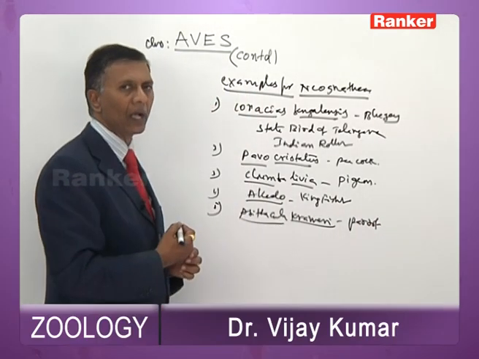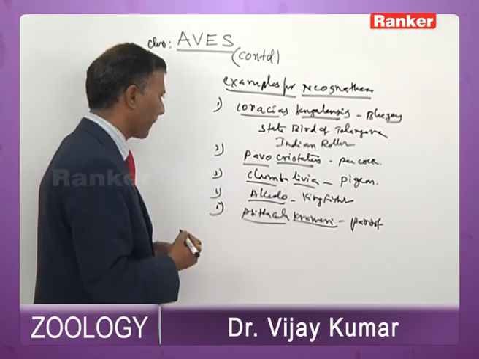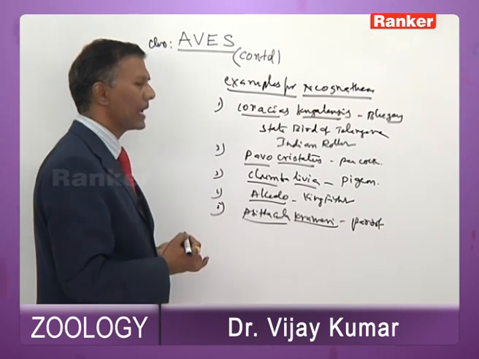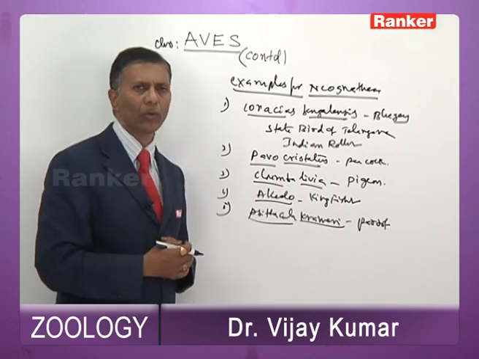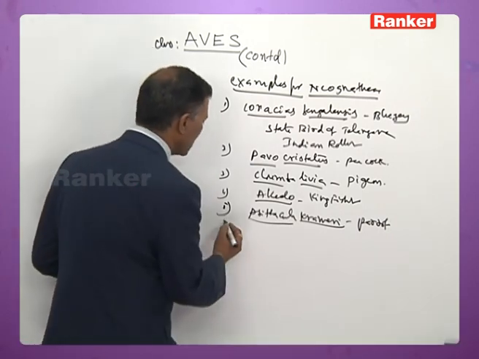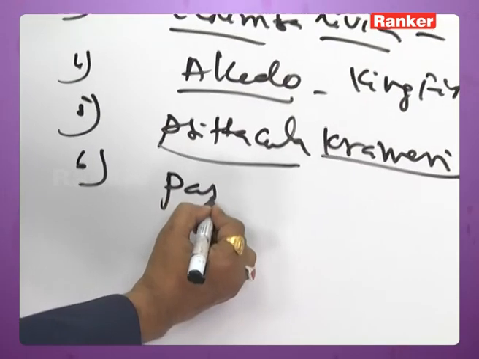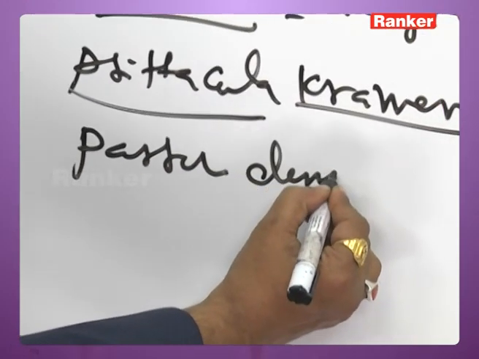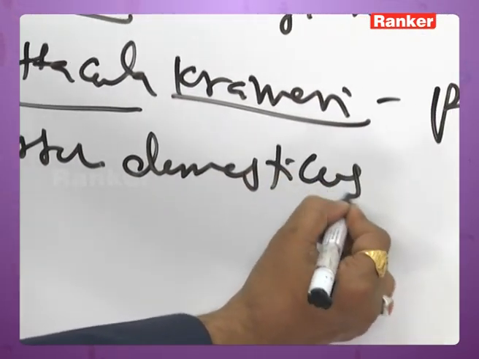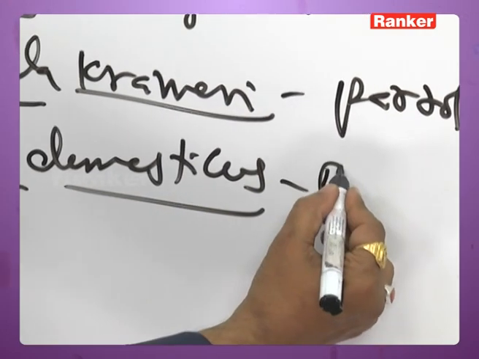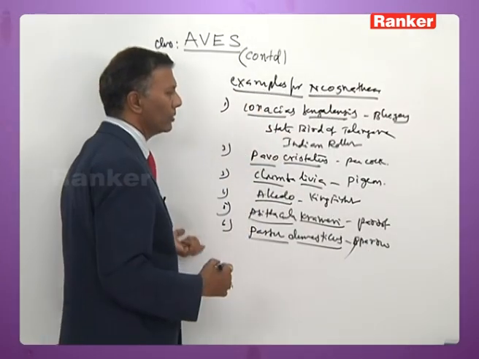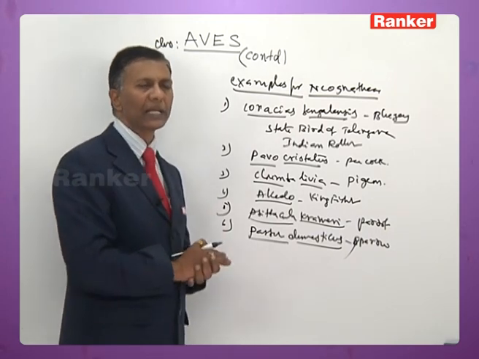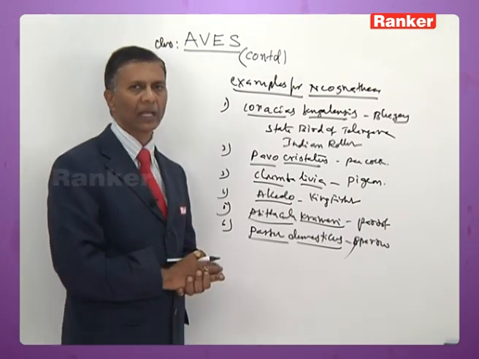Corvus splendens, you can say crow. Passer domesticus, sparrow. So these are the most important examples for Neognathae.